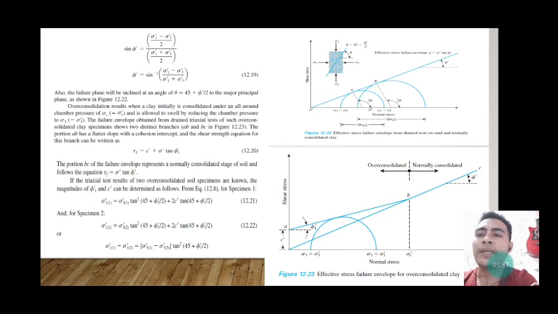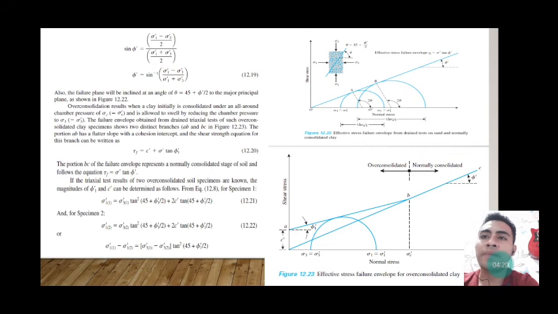Overconsolidation results when a clay is initially consolidated under an all-around chamber pressure and is allowed to swell by reducing the chamber pressure to sigma 3 is equal to sigma 3 prime. The failure envelope obtained from drained triaxial tests of such overconsolidated clay specimens shows two distinct branches, AB and BC, in figure 12.23.